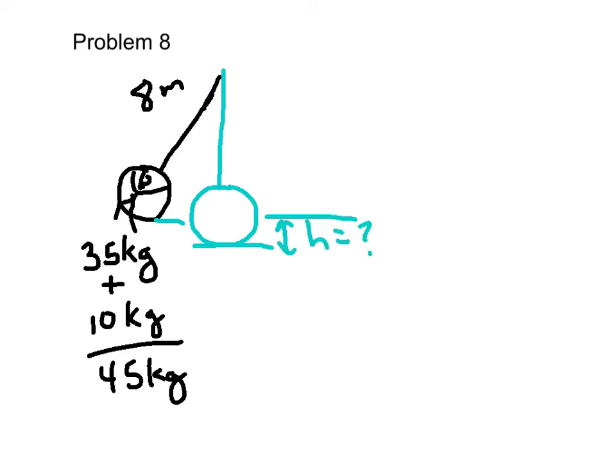If we know how far it drops, then we can just plug into our velocity equation what that height is and solve for the velocity. So it's easy in terms of what we need to do. The problem is, how do we figure out what that height difference is? How much that height changed?